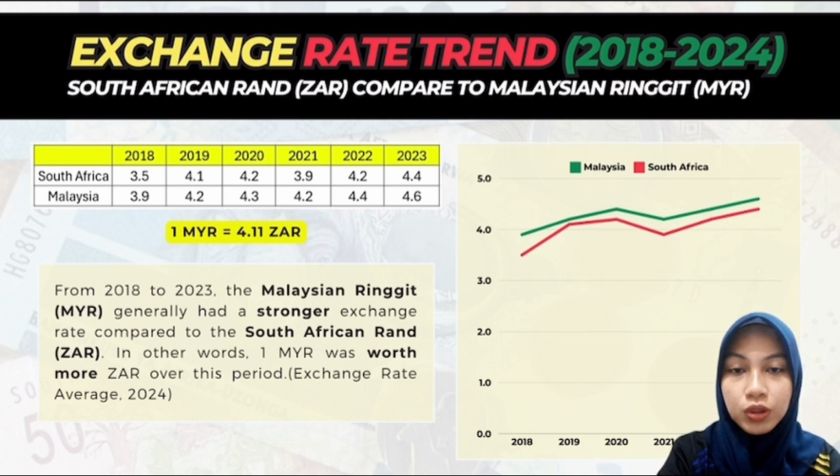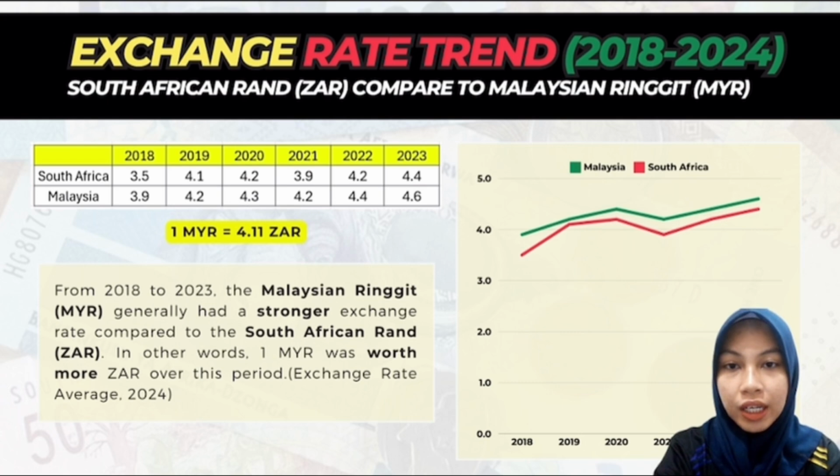This shows that from 2018 to 2023, the Malaysian ringgit (MYR) generally had a strong exchange rate compared to the South African rand (ZAR). In other words, one MYR was worth more than ZAR over this period. For more information, you can refer to the exchange rate average article.